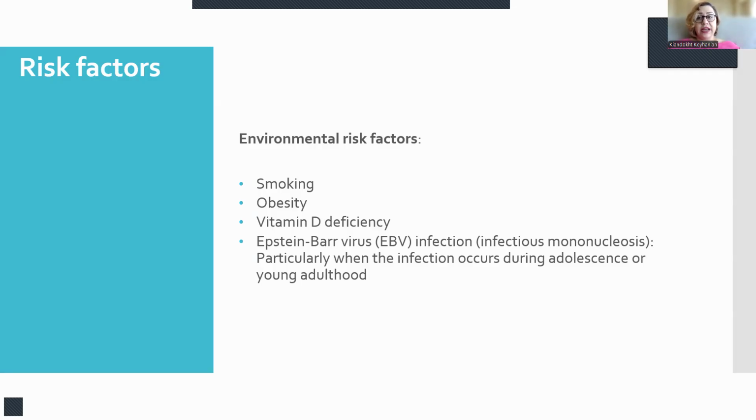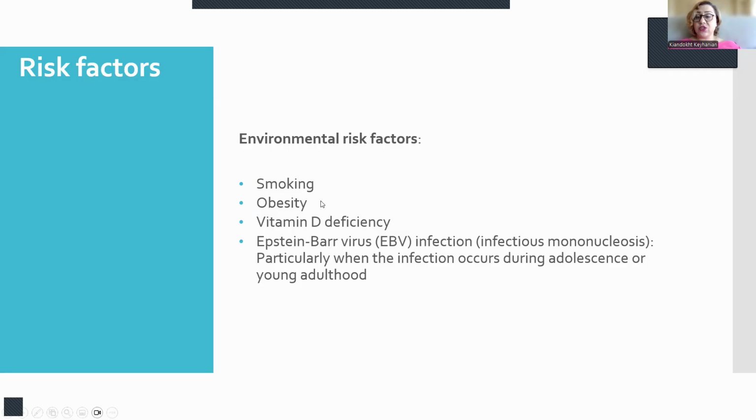So if you have a high weight and you just developed MS, try to lose weight. That would decrease your chance of MS progression. So far, smoking and obesity are a little bit more in our hands.